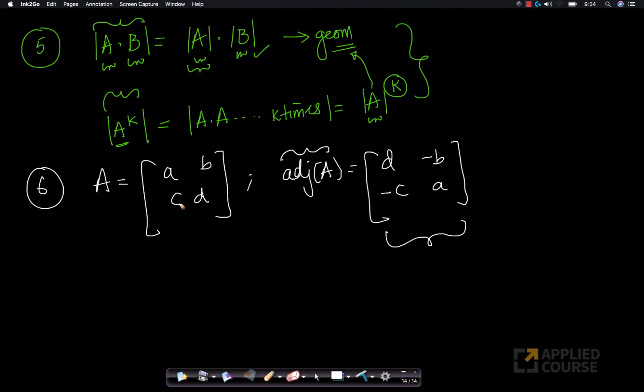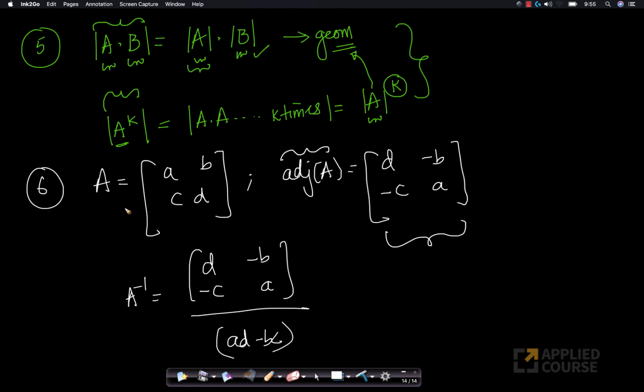We also know the det of the matrix is ad minus cb, right? So I can write A inverse as adjoint of A by det of A, which is d, minus b, minus c, a, divided by ad minus bc. So for a 2 cross 2 matrix, if you have 4 values, you can quickly arrive at A inverse numerically. Again, this is just the numerical interpretation.